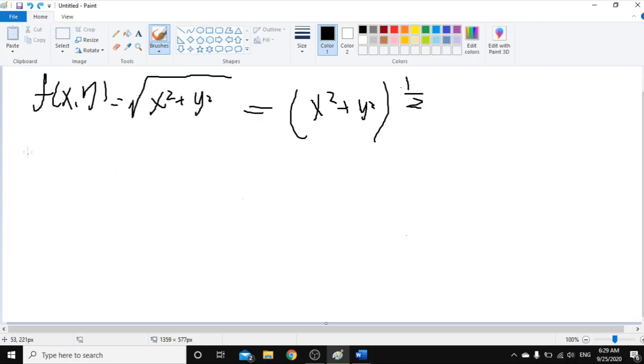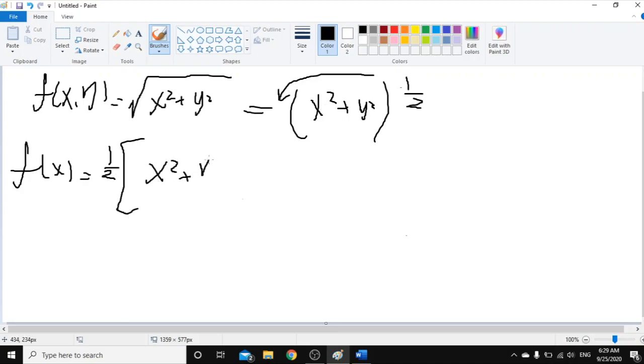So let's take, for example, the partial derivative with respect to x first. To take the partial derivative here, we need to multiply by 1 over 2, so 1 over 2 times x squared plus y squared to the 1 over 2, and we need to subtract 1.